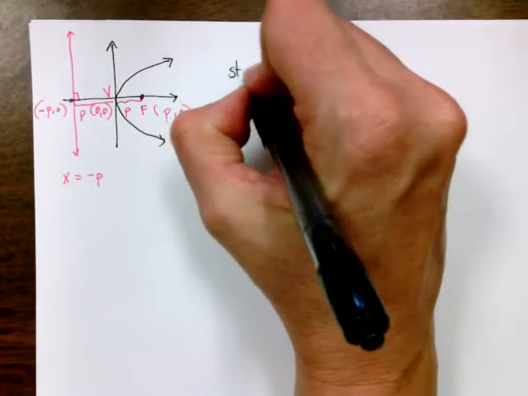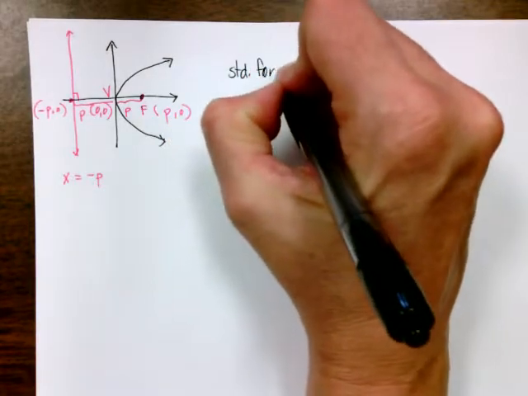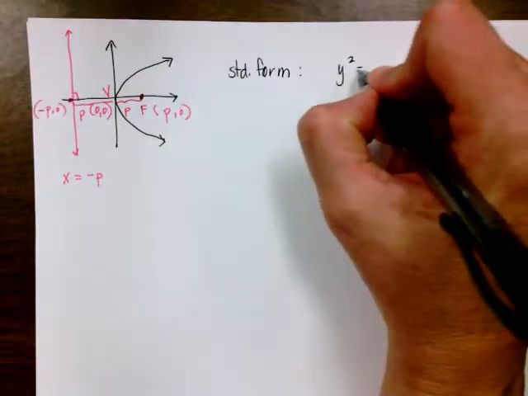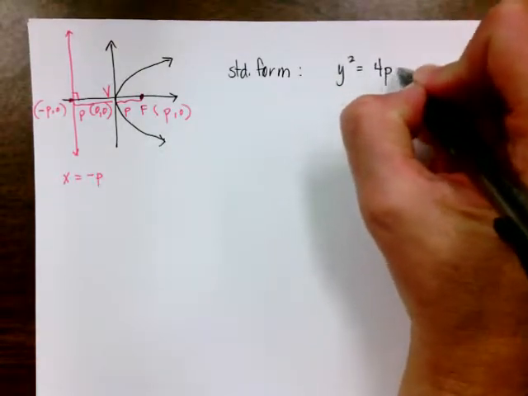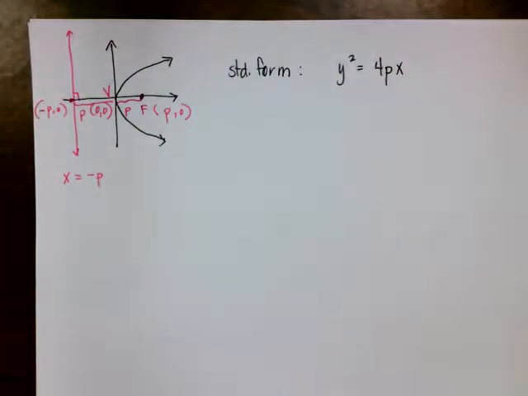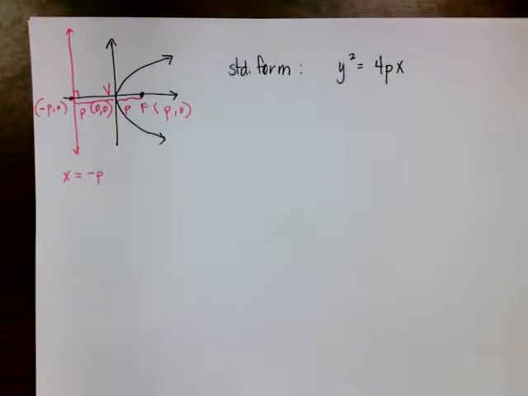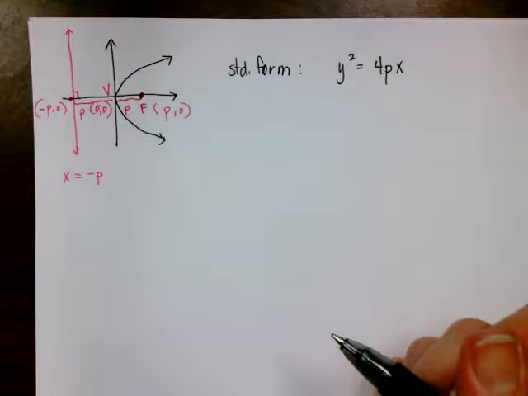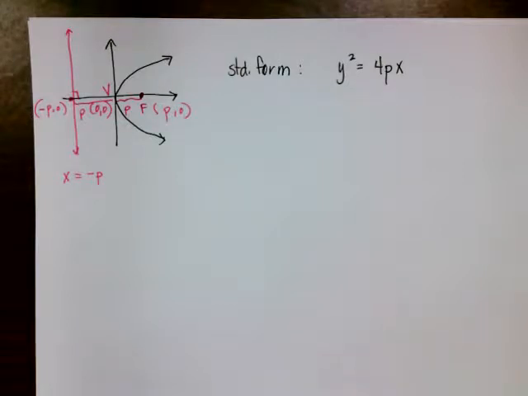The standard form for this one is going to be y squared is equal to 4px. Okay, and remember p is the distance from the vertex to the focus, and then from the vertex to the directrix. Okay, lots of weird words in this particular chapter.